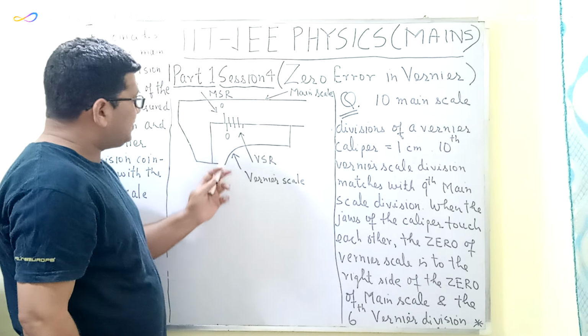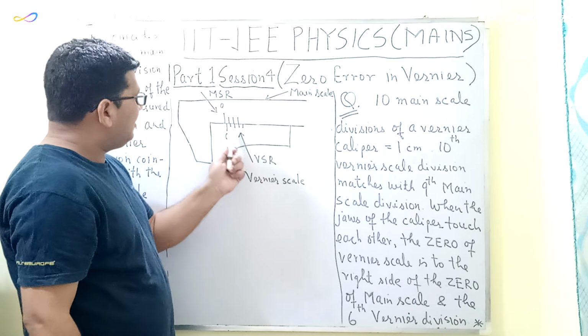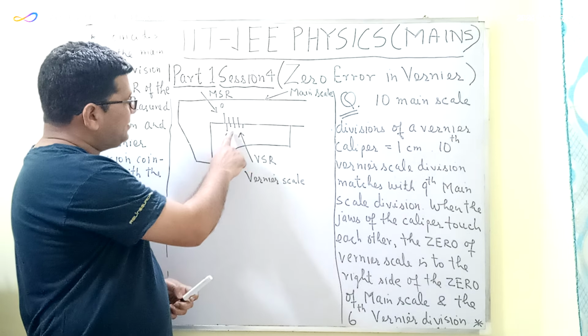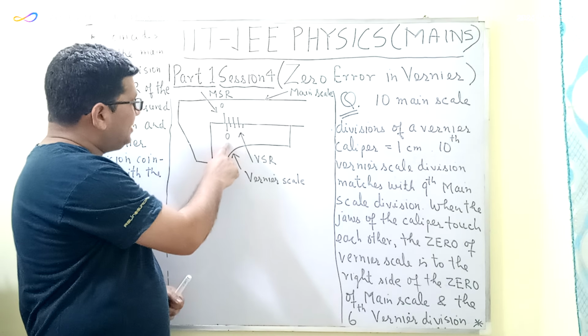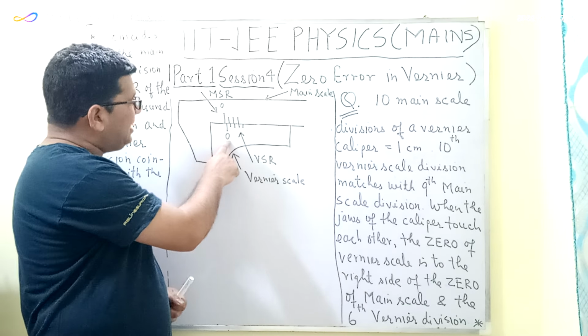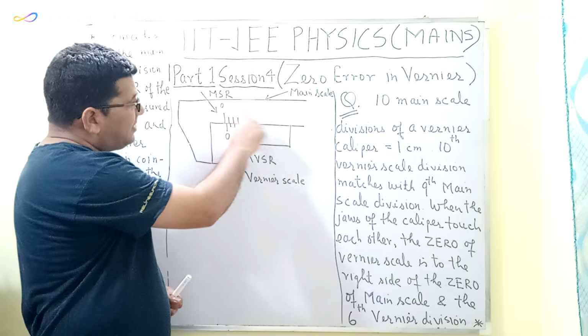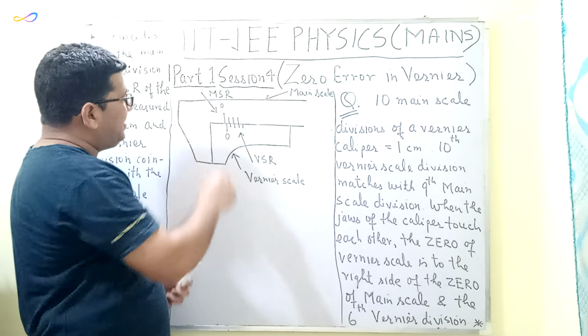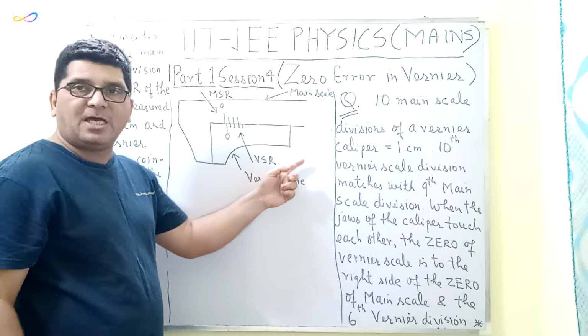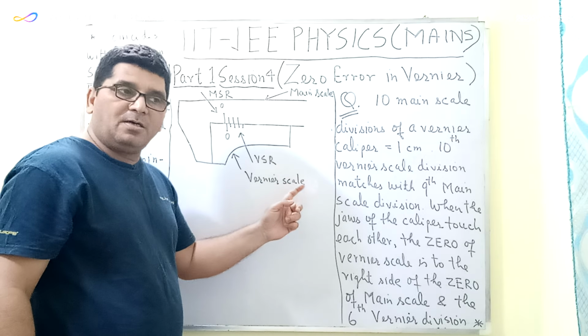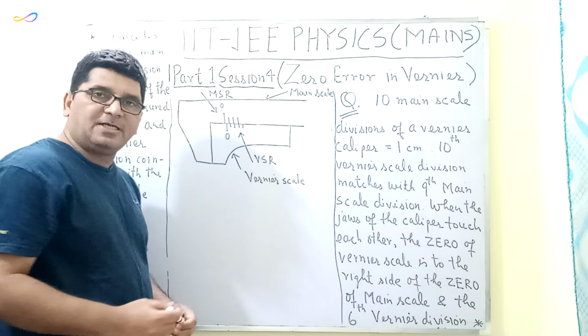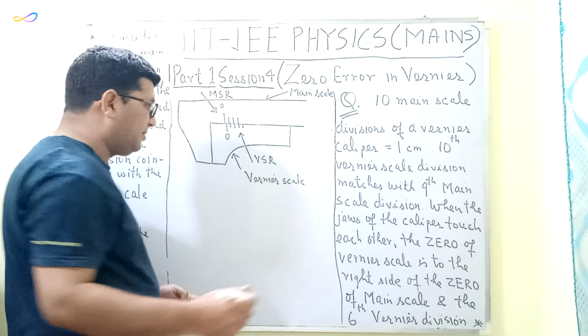Now, if the zero of the vernier scale is on the right side, as it is shown here, this is the zero of the vernier scale. If it is on the right side of the zero of the main scale, then we say that this is a positive zero error, and in that case negative zero correction is applied.